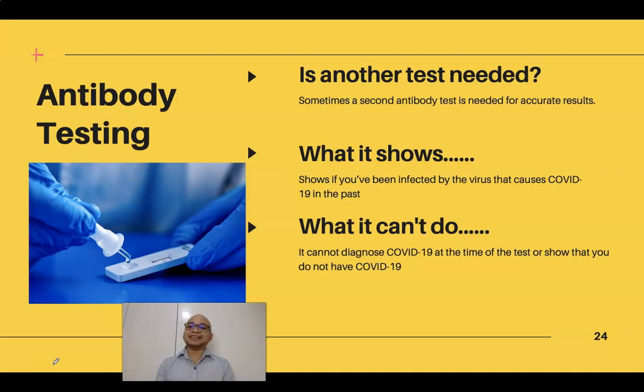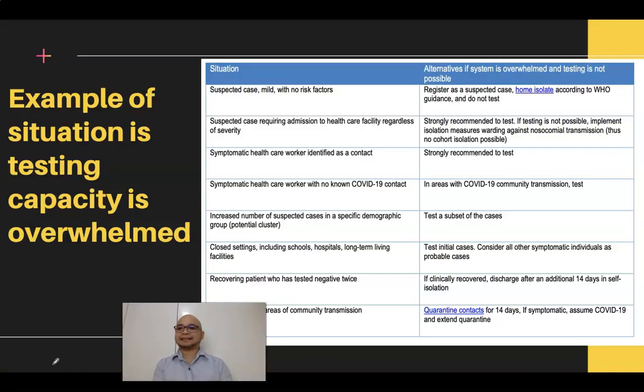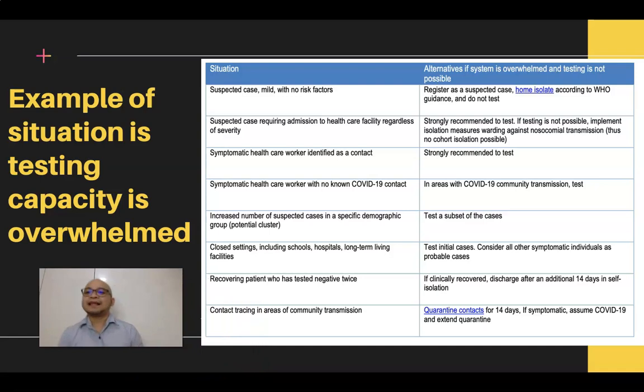So being positive in antibody testing does not necessarily mean that you are positive or not positive with COVID-19. So let's say, for example, there is a situation that mass testing or a certain laboratory is already overwhelmed. So what do we do? Okay, please screenshot this one and try to study.